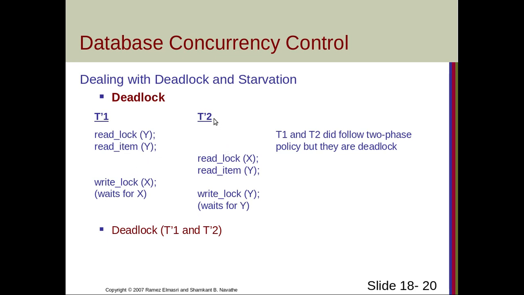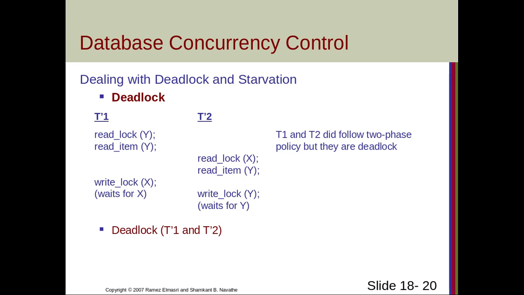T2' has read locked the data item X, and T1' is waiting for X to be write locked. That means T1' has read locked Y and is waiting for the write lock of X, and at the same time T2' has read locked X and is waiting for a write lock on Y. But these two cannot happen.